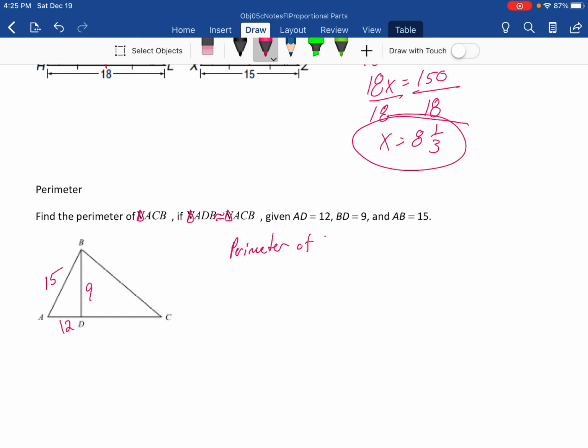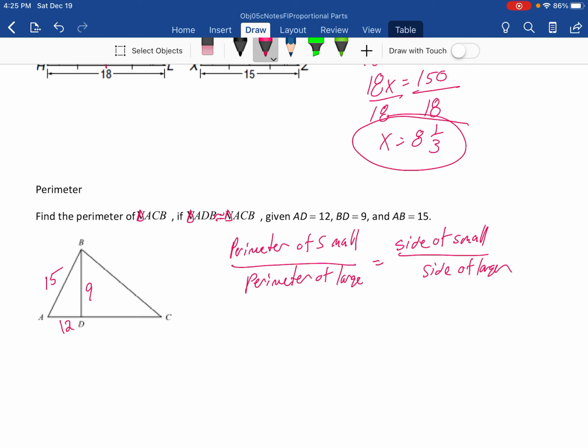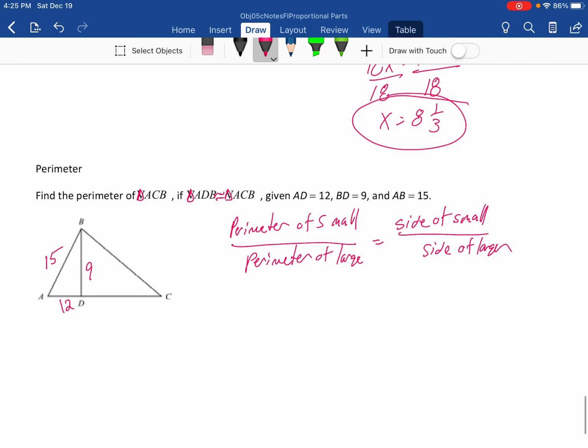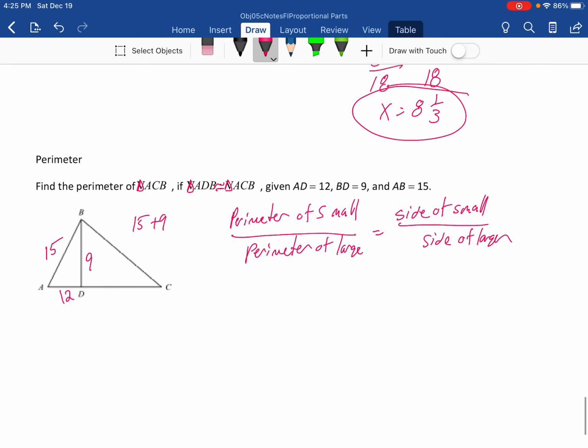It's going to be perimeter of small over perimeter of large is equal to the side of the smaller triangle over a side of the larger triangle. Okay, so my perimeter of my small triangle, that's going to be 15 plus 9 plus 12, which is 36.